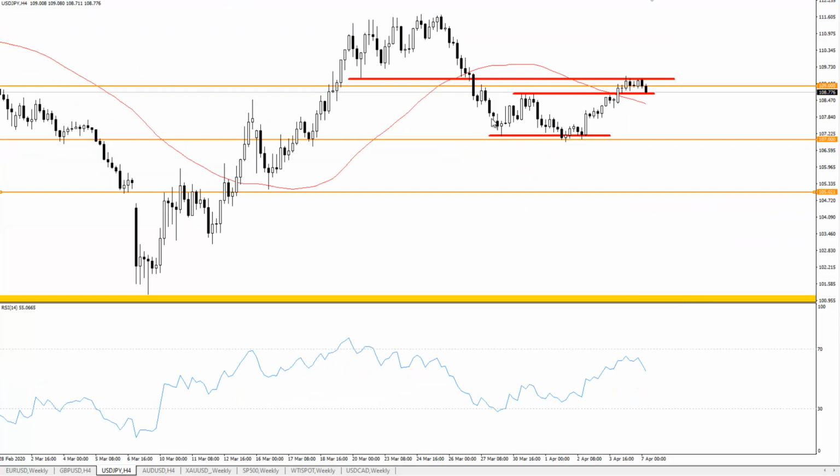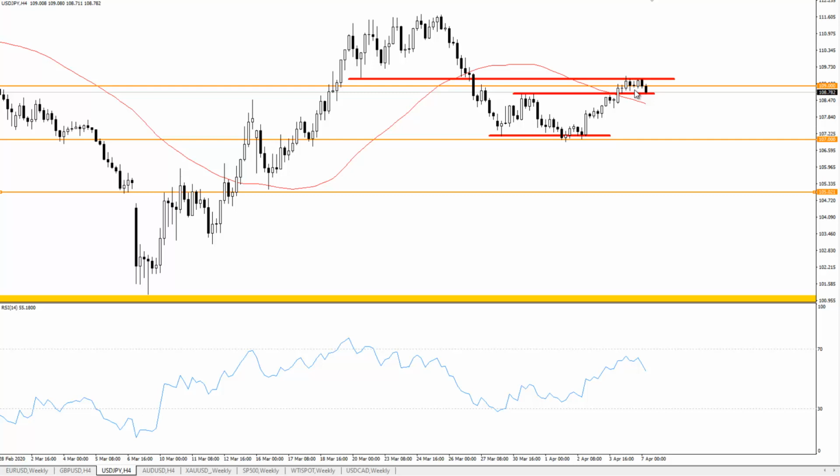So a move lower, a consolidation, potentially a bottoming pattern, potentially a double bottom. But if we move back through the neckline, more of a possibility of a failed pattern. If you have a double bottom pattern, obviously it's a great pattern if it does actually call the bottom.